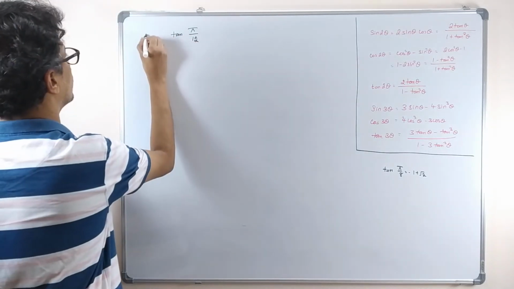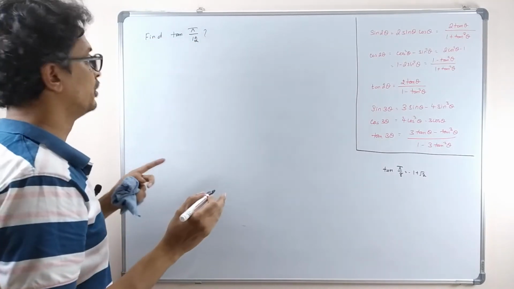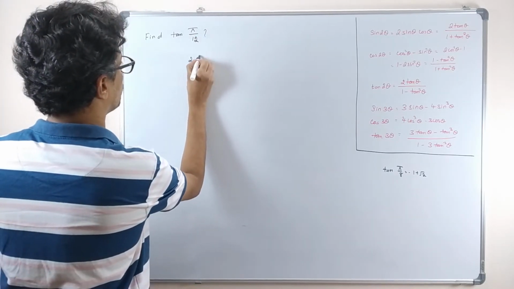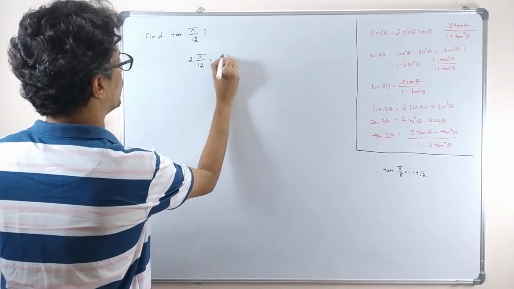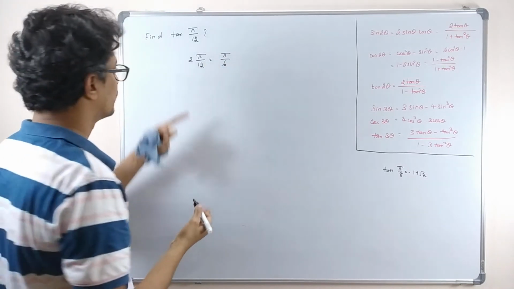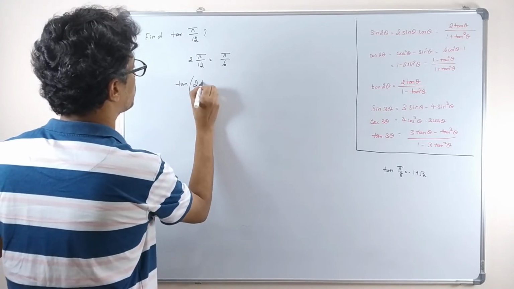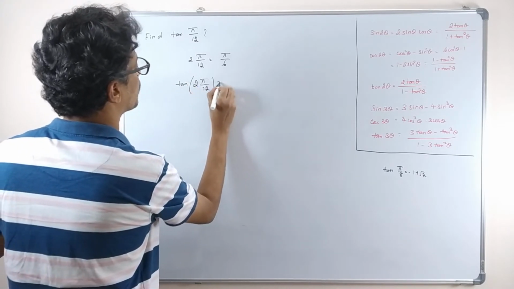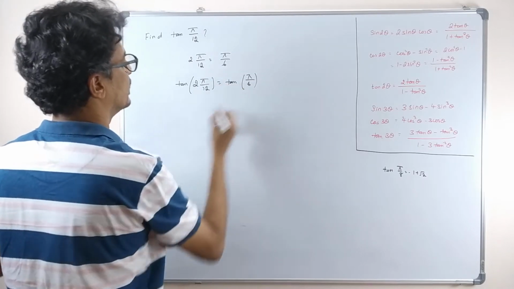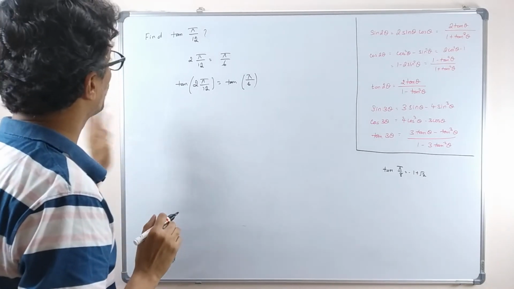Fine. How will you do it? If you write twice of pi by 12, that's equal to what? Pi by 6. It's a standard angle. Correct? So then all you have to do is tan of twice pi by 12 equal to tan of pi by 6, and proceed the same way. Okay? So you can keep on doing that.